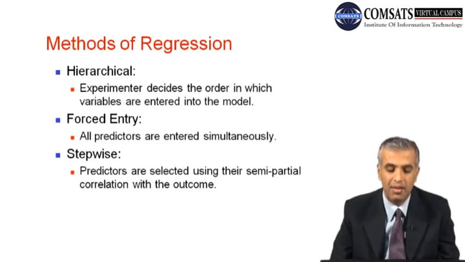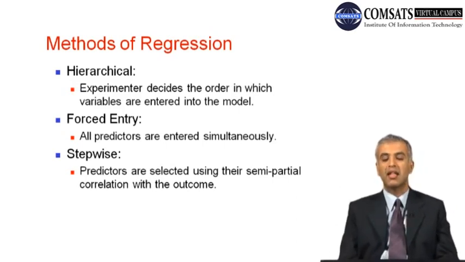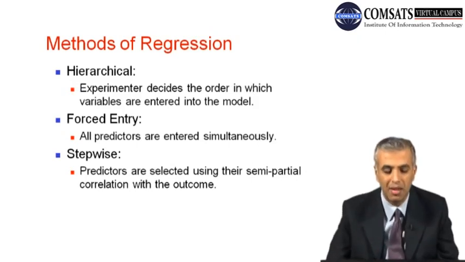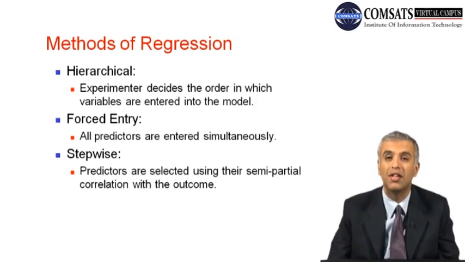Then we have the third, which is stepwise, where the predictors are selected based on their partial correlation and, in fact, semi-partial correlation with the outcome. And in stepwise we can move forward or backward; these are two further types of the stepwise methodology.